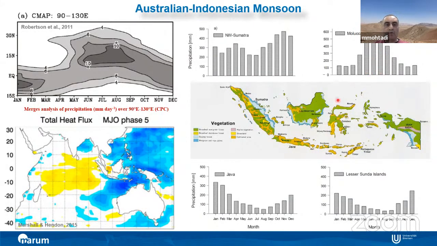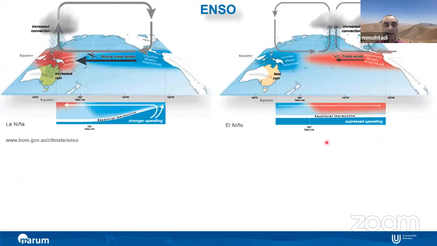But as I mentioned before, the monsoon is not the only dominating atmosphere-ocean coupled system. The other one is the El Nino Southern Oscillation. These high temperatures during normal years and during La Nina years, which is an amplification of the normal conditions, give rise to deep atmospheric convection, ascent of air, which sets up the water circulation over the Pacific.